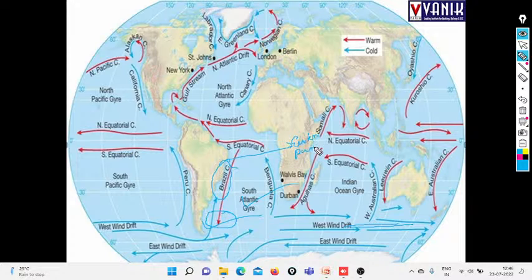This is the eastern part of South America. Okay, this is the Brazil coast or the Brazilian current. By nature it is a warm current, because the red symbols are warm currents, whereas the blue symbols are cold currents.